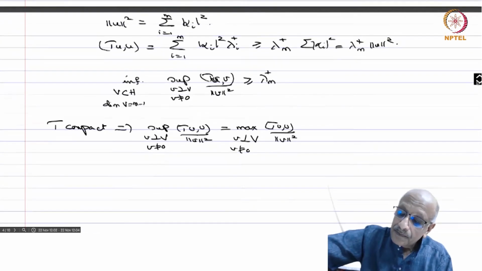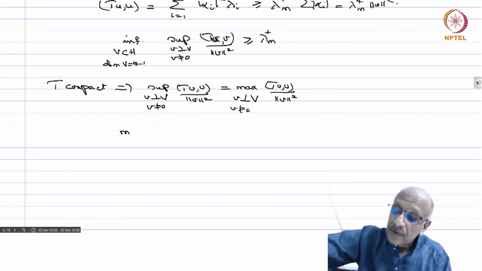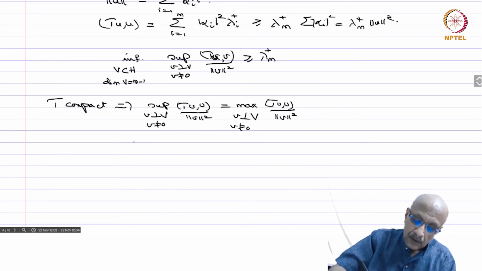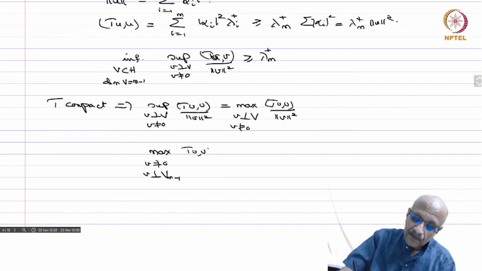And now we have already seen that the max over v not equal to 0, v orthogonal to V m minus 1 plus, which is an m minus 1 dimensional space, of T v v by norm v square is in fact equal to lambda m plus.